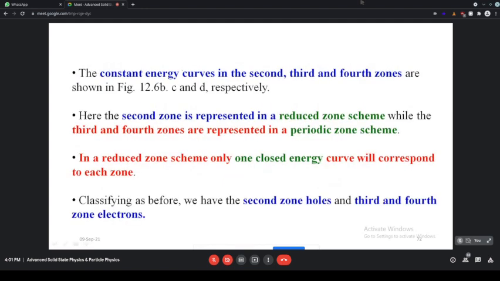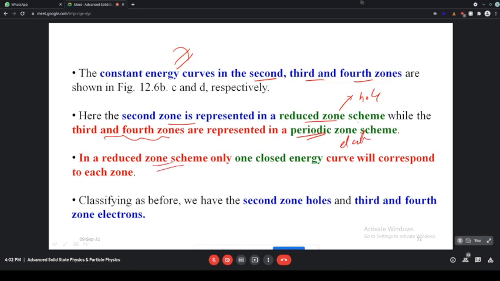In the second, third, and fourth zones, there are constant energy curves, or the Fermi surface, appearing. The second zone, represented in the reduced zone scheme, is equivalent to hole-like behavior, and the third and fourth zones, represented in the periodic zone scheme, show electron-like behavior.